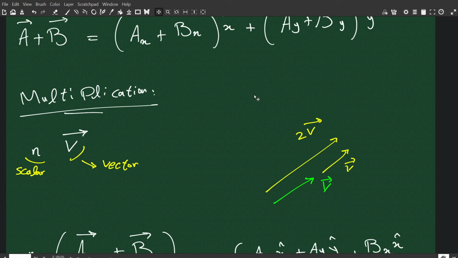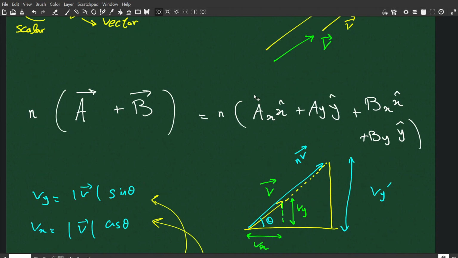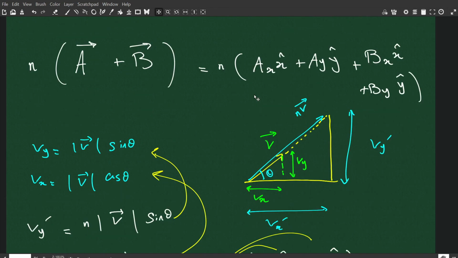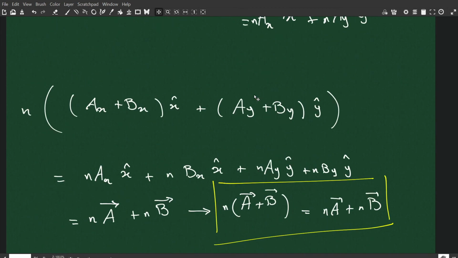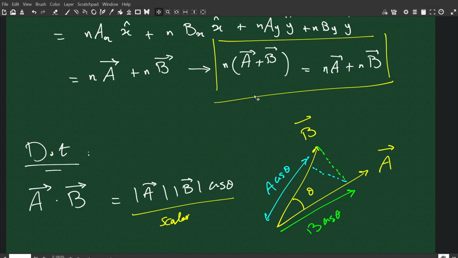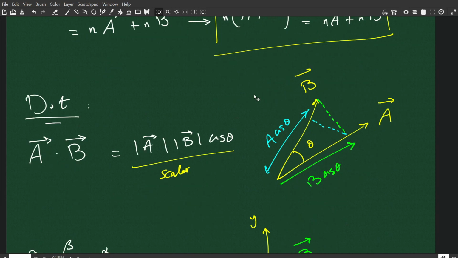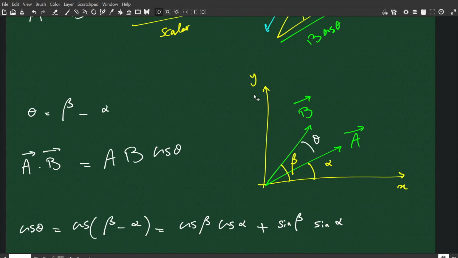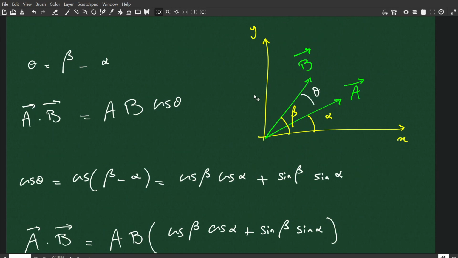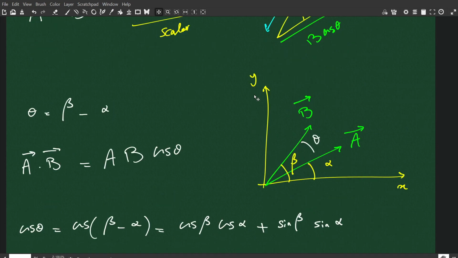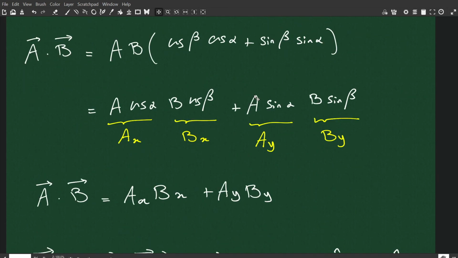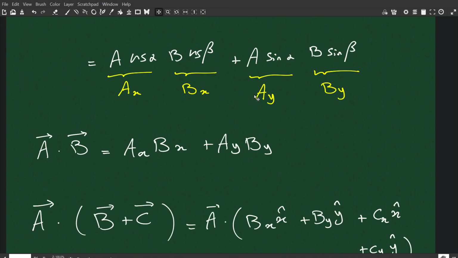We learned about multiplication of a scalar and a vector, its identities and a description of it. And then we got the dot product of two vectors, and we proved that in Cartesian coordinates you can write it as this.